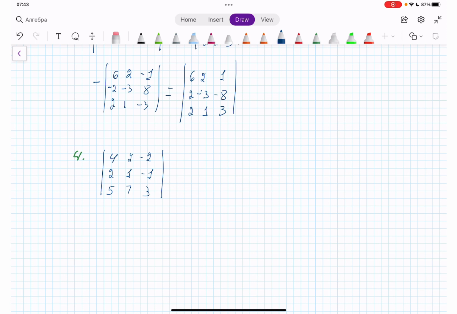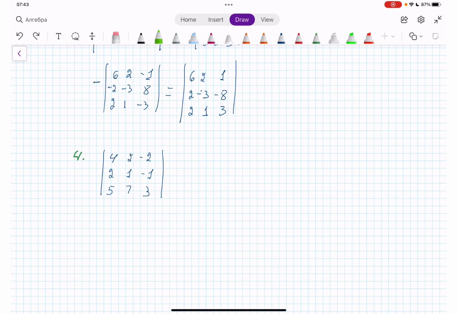Okay, let's see. First and second rows, look. First one, and second one. If we divide the first row by 2, we'll get the second one, right? So they are proportional.